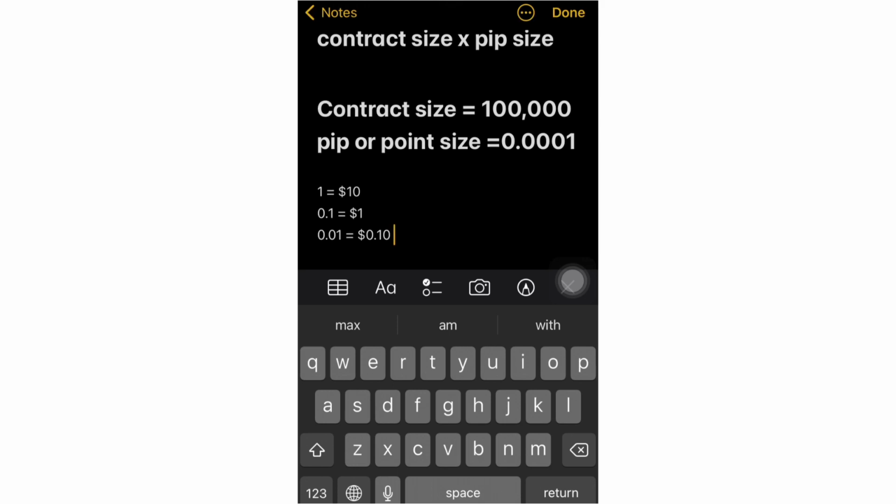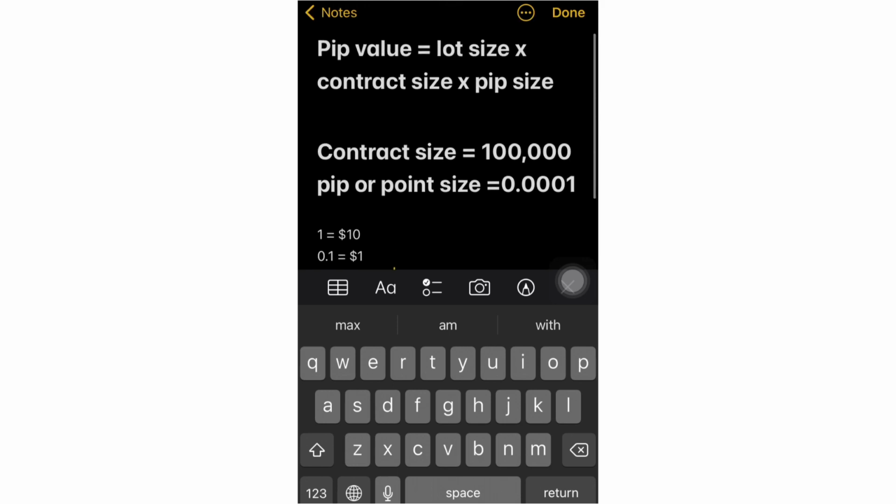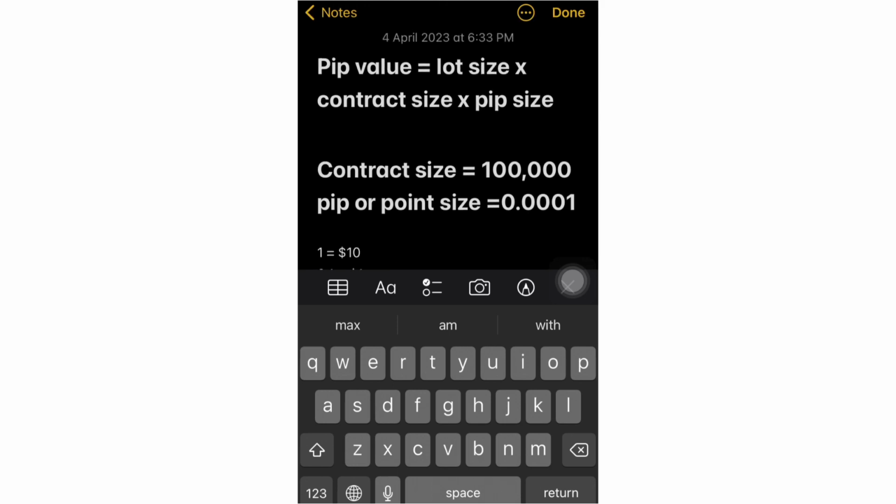Now, basically, to get pip value, it's lot size times the contract size times the pip size or point size, which is 0.00001. So basically, I just showed you guys how these things fit together. The contract size can vary from brokers, but for most common currency pairs it's usually 100,000.